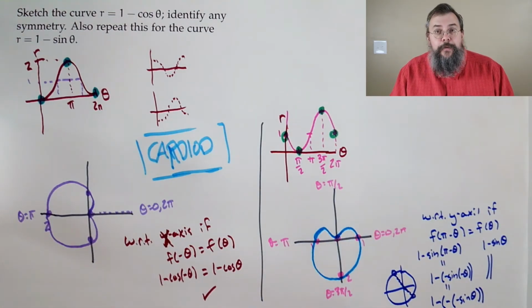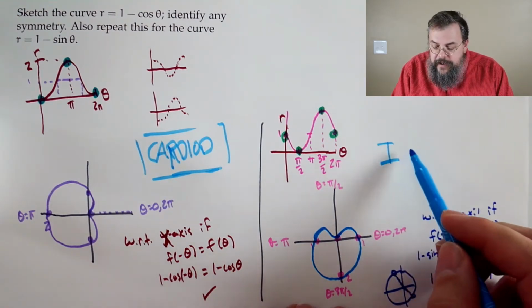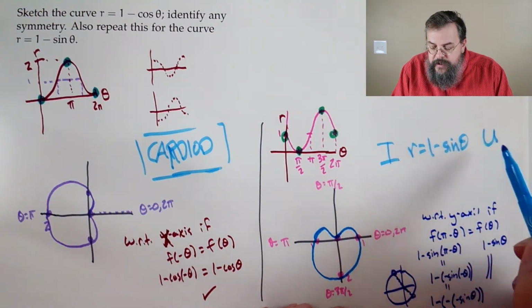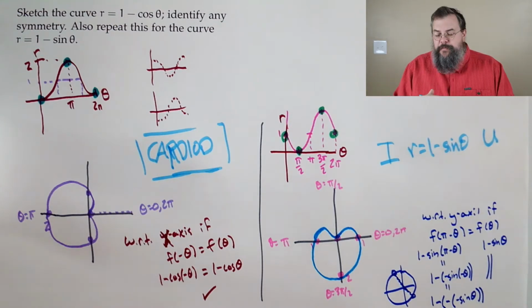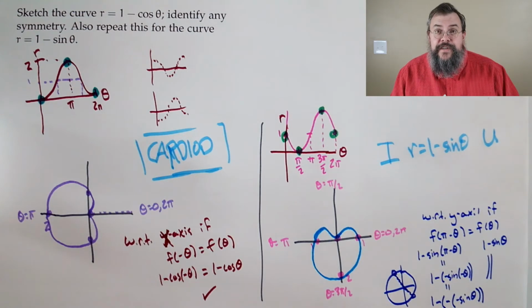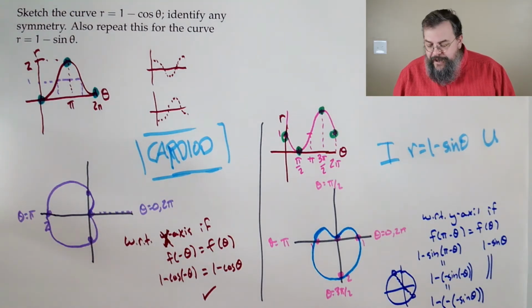And so, what was it I put? I said, r equals 1 minus sine theta, u. And you're probably thinking, first off, adorable, but boy, couldn't you have just put a heart emoji? Well, this was back in the days before emojis existed. I know that's hard to believe, but yes, this is in the pre-emoji era.